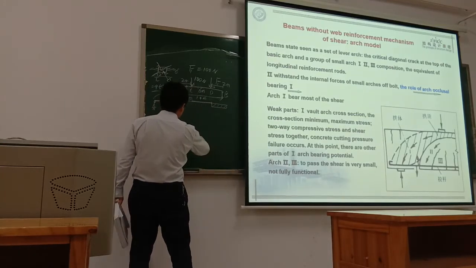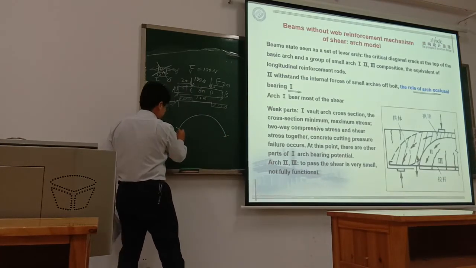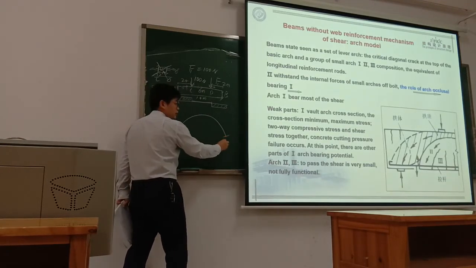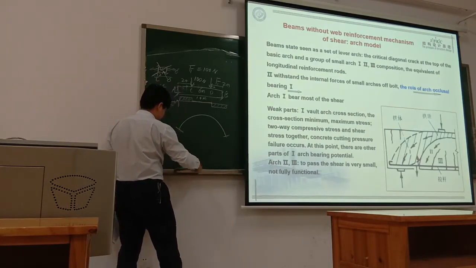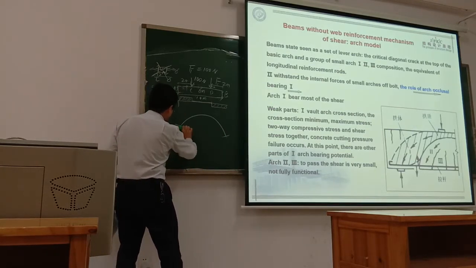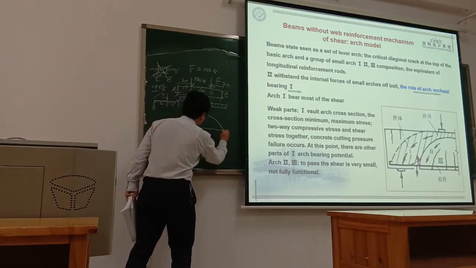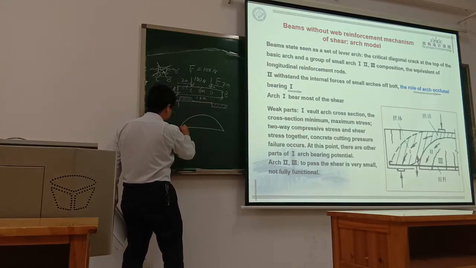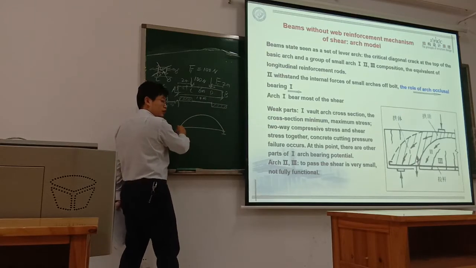It's one arch. Normally we see arches like this, where we got the supporting point here. But sometimes we got one half of the arch. It's not like this, it's something like this. Because of the tie beam here, the support is a vertical support, not in this direction.